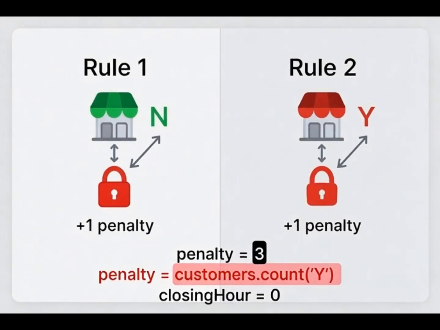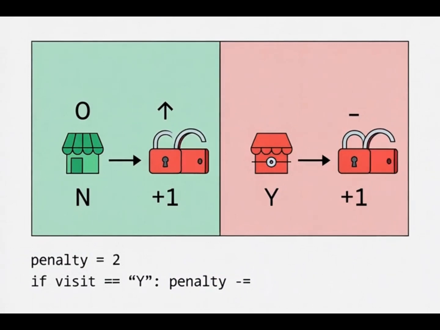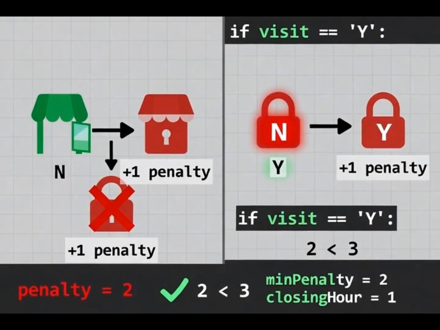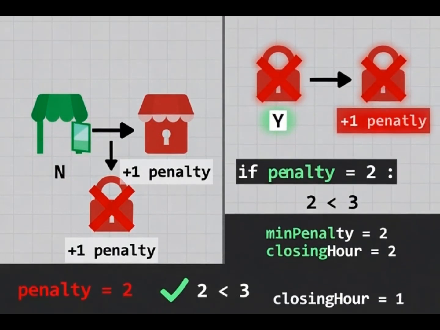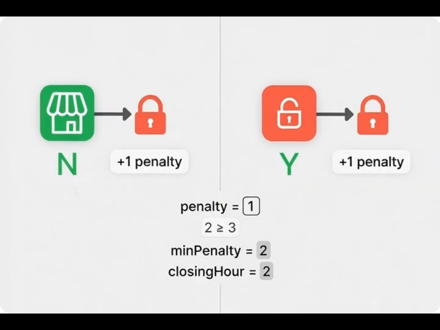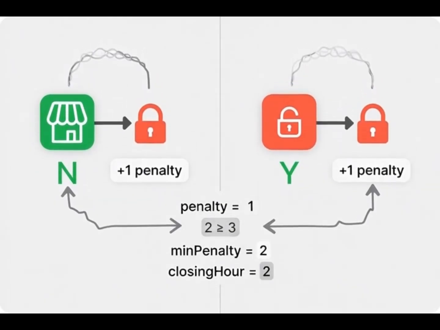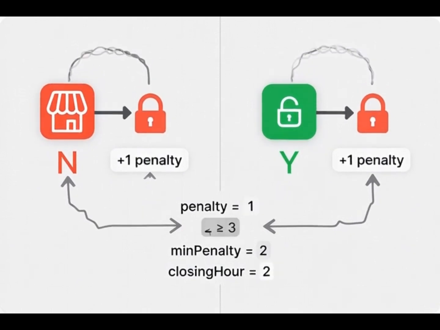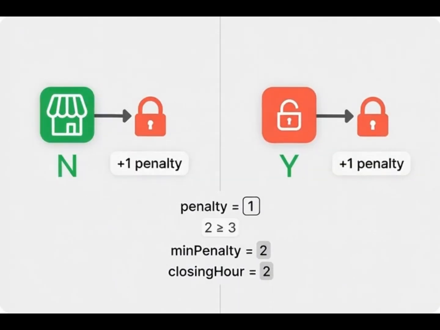We store this as our current minimum penalty, and assume hour 0 as the best closing time. Now we move forward 1 hour. At hour 0, a customer comes. Since the shop is open, we remove 1 penalty. Whenever we see a Y and the shop is open, we reduce the penalty by 1. Since the new penalty is smaller than before, we update our best answer. Closing at hour 1 is now better. At the next hour, another customer arrives. Again, the shop is open, so the penalty drops to 1.